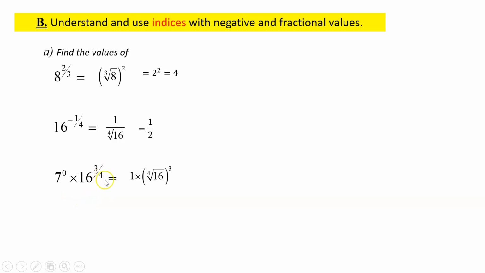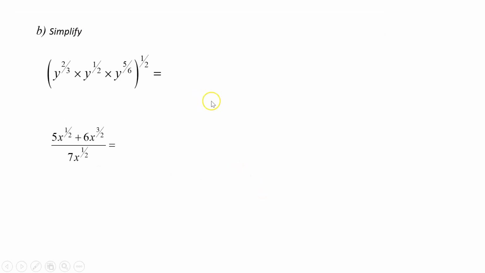Then I've got 16 to the 3/4. So the 4th root of 16 to the power 3. The 4th root of 16 is 2, 2 cubed is 8. So that's the things you do with indices. Sometimes you get letters. If you're multiplying the same letter, the same base number, with different powers, you add the powers.